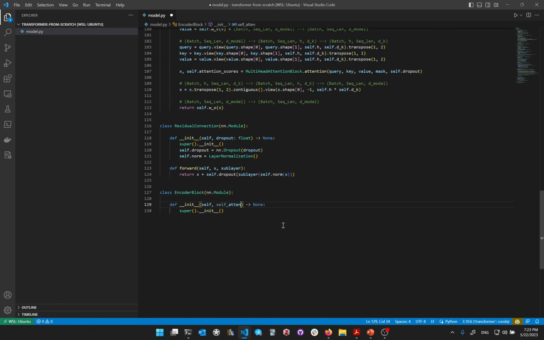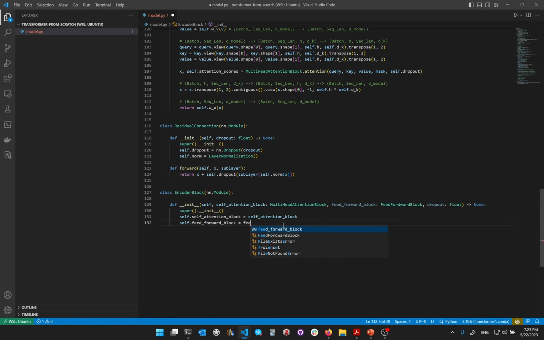We call it self-attention because in the case of the encoder, it is applied to the same input with three different roles: the role of query, of key, and of value. Then we have our feed forward, and then we have a dropout, which is a floating point, and then we define the two residual connections.